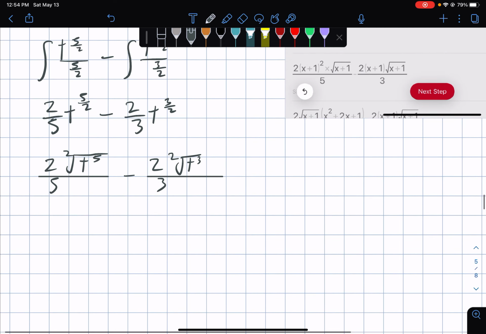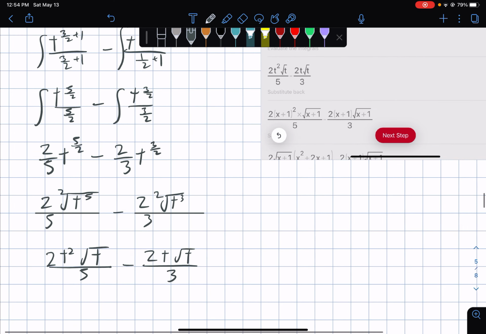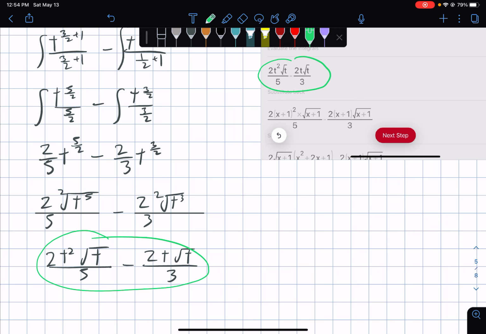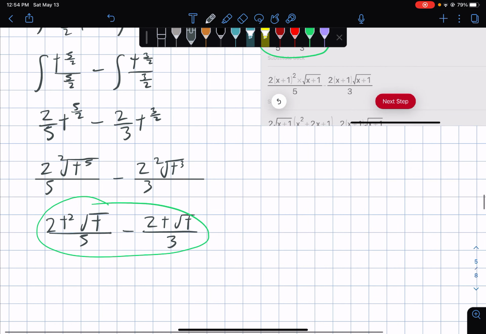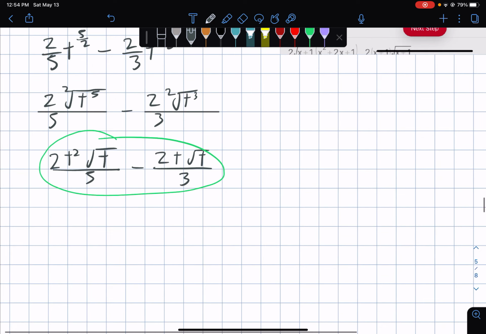And then 2t raised to 2, and then t, and 5 there. It's the same as this one. And then start substituting t. That t is supposed to be the u, so that's x plus 1.